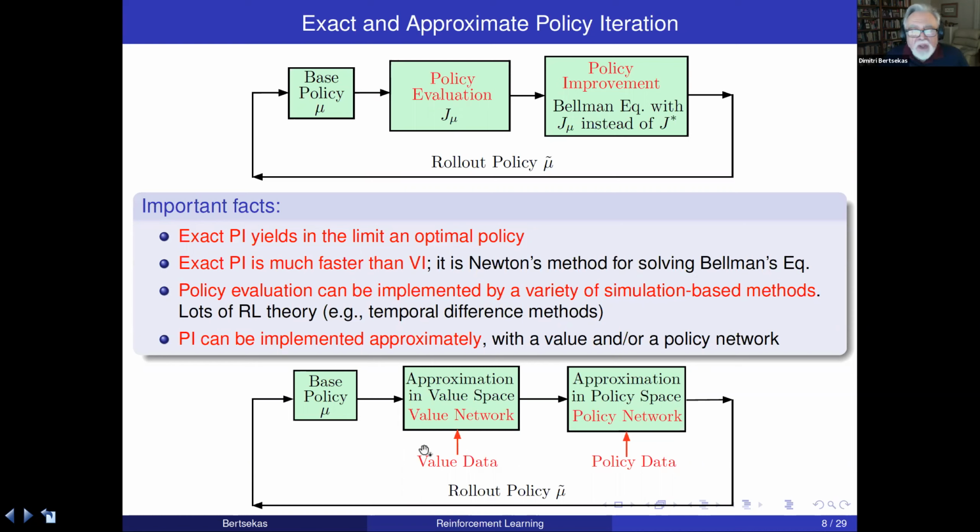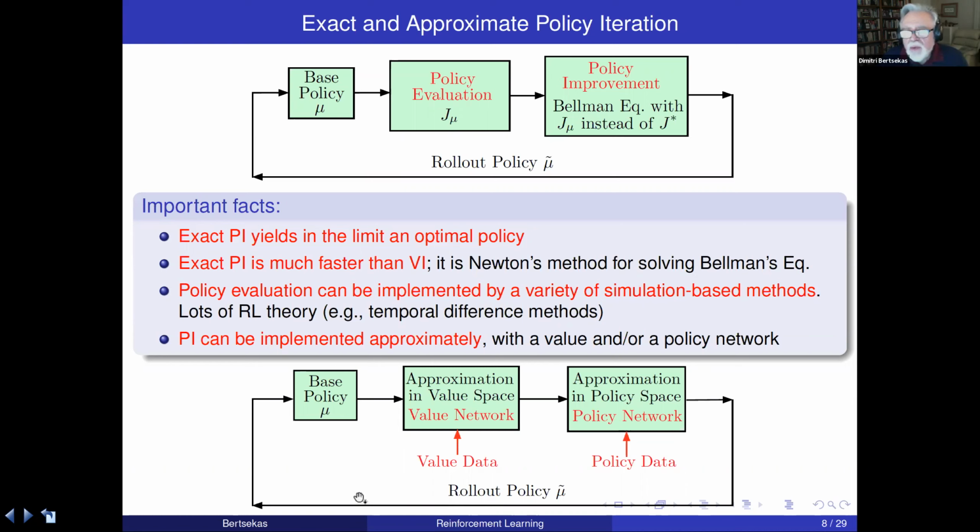So approximate policy iteration operates like exact policy iteration, except we use value data to train a value network here, and policy data to train a policy network here. And then we obtain an approximate rollout policy, and we may stop here if we want to do just approximate rollout, or we can go into a loop and generate multiple base policies and corresponding rollout policies.